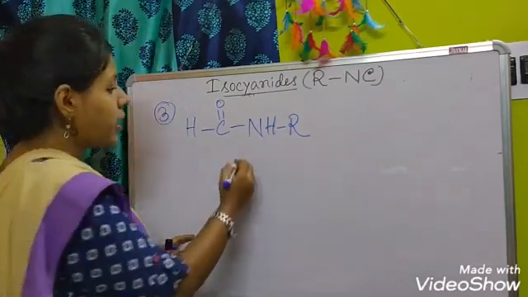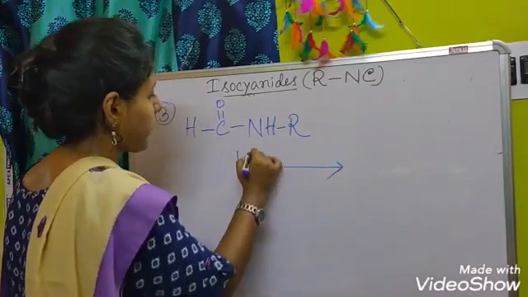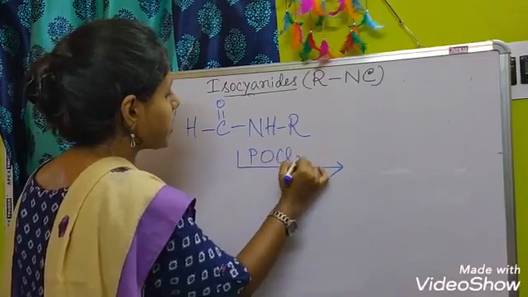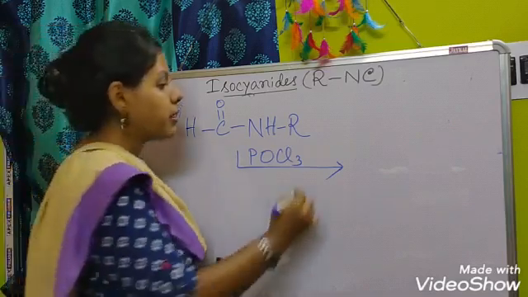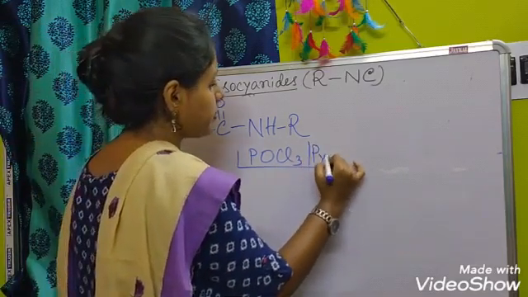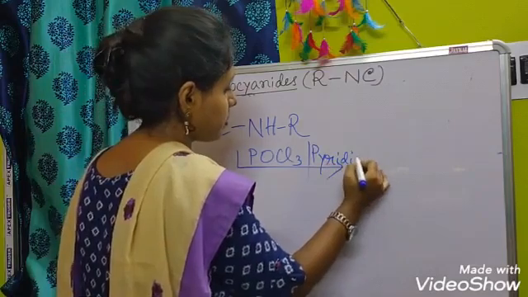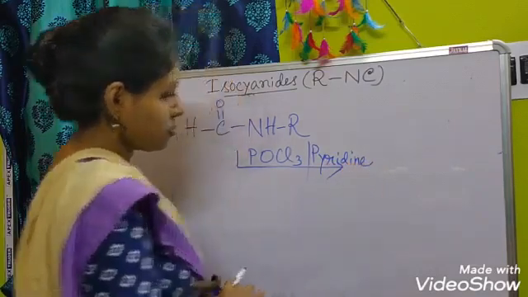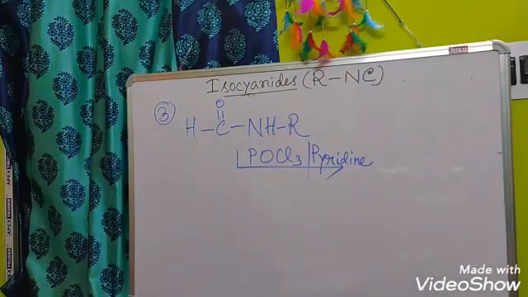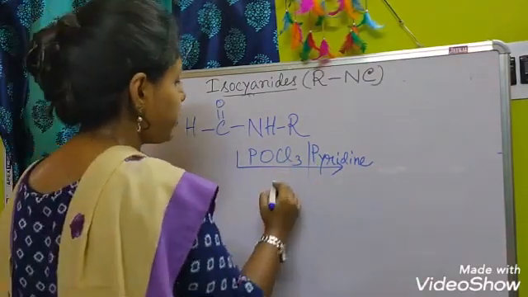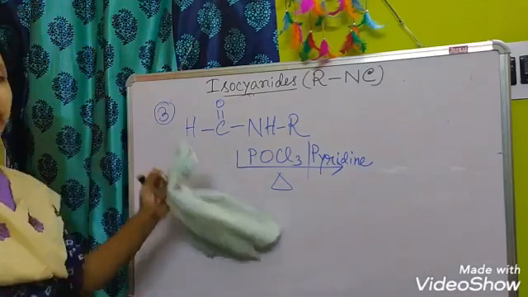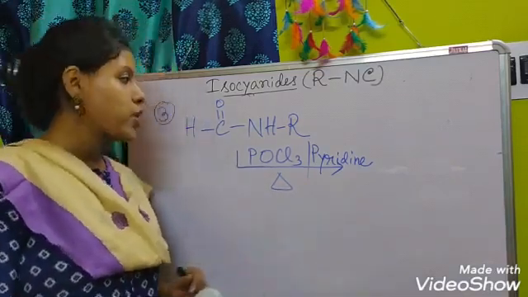Clear? Now you have to add here POCl3, phosphorus oxychloride, in pyridine medium, and then you have to heat this reaction. So what will happen?